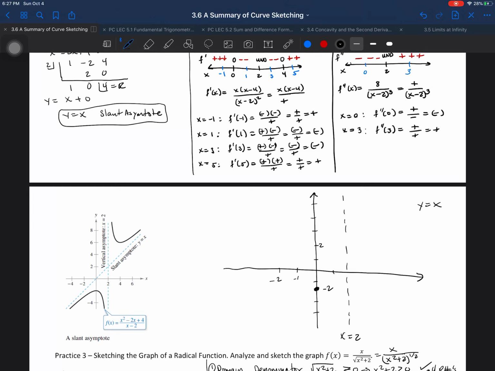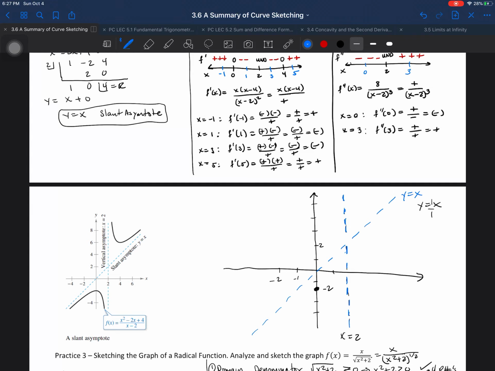It's a diagonal that has a slope of 1 over 1. So that means that we're going to have a slant asymptote. Let me write these in blue. Draw this in blue. That way we can see the difference between a graph and an asymptote. There you go. So this is y equals x.